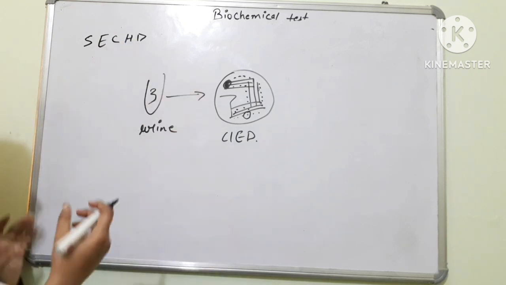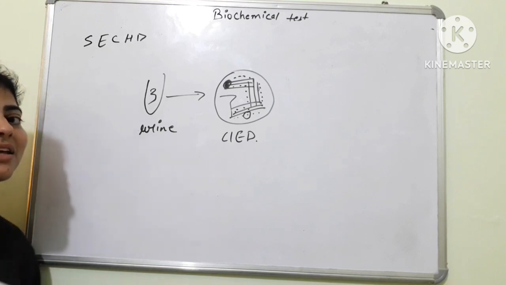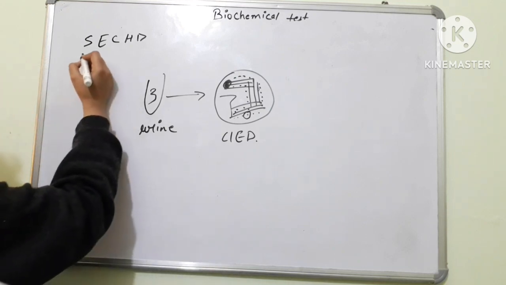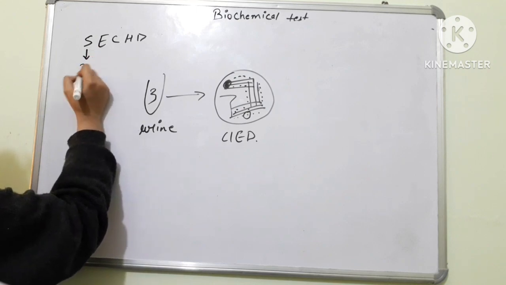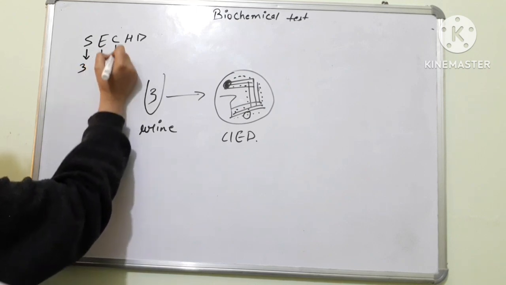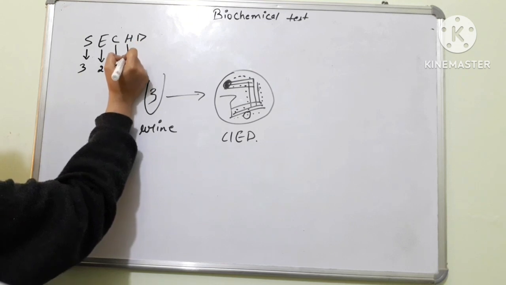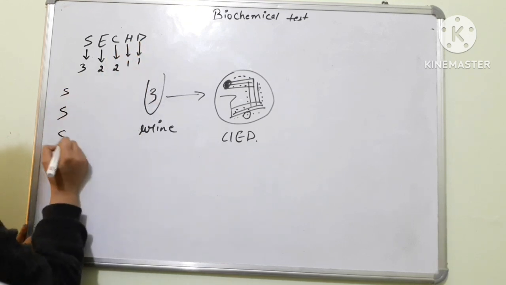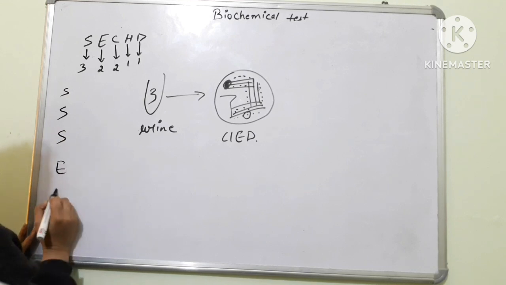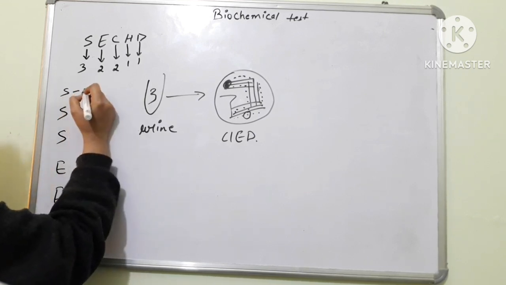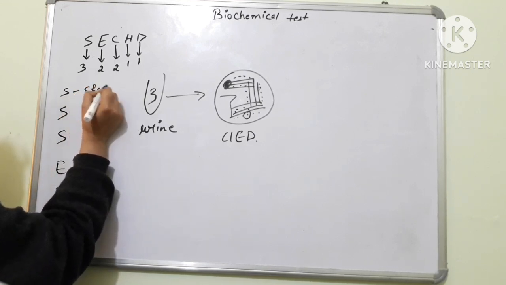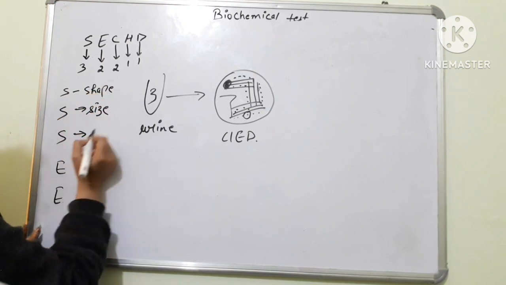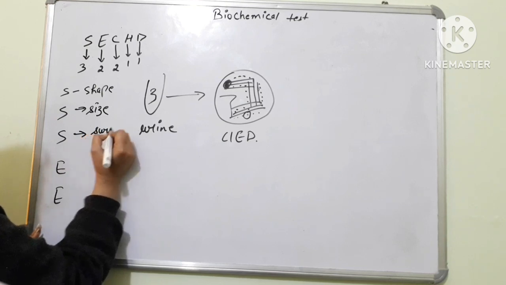I know there is a big difference in spelling, but it's a mnemonic, just to remember the morphology. So there are 3S, 2E, 2C, 1H, 1D. S means shape, another S means size, another one is surface.